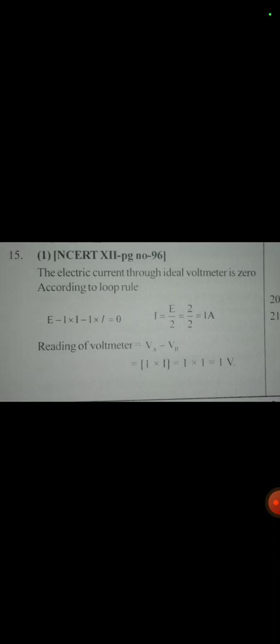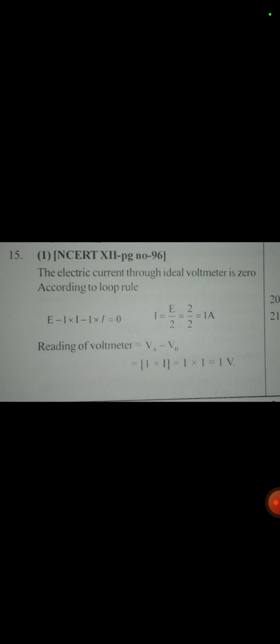Next question. In the given circuit, voltmeter and electric cell are ideal. The reading of the voltmeter is. The current through the ideal voltmeter is 0. According to the loop rule, E minus 1 into I minus 1 into I is equal to 0, through the equation we can make from the loop rule.